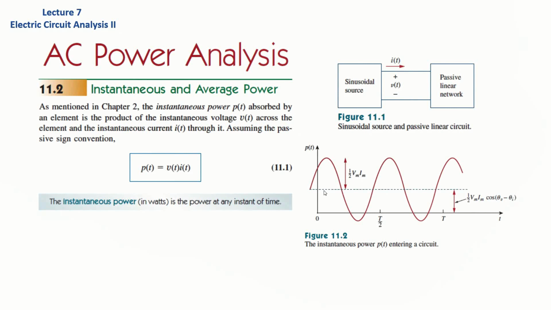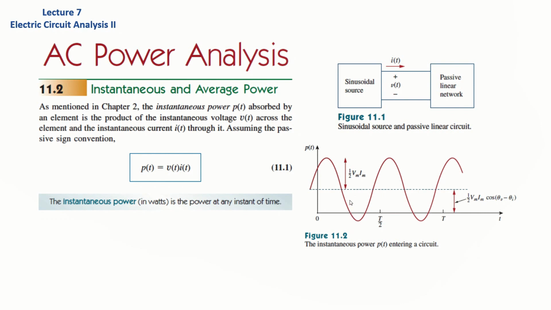If you measure power at this point in time, you will get maybe maximum power. But when you measure power here, you will get zero power. When you measure power at this point, you will get a value between maximum and minimum. And if you measure power here, you will observe that power is negative.